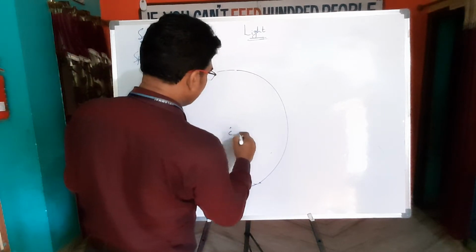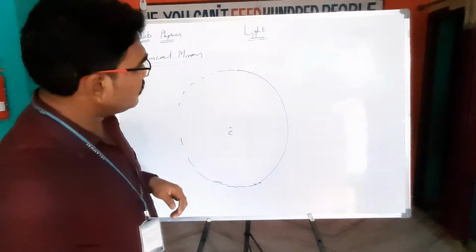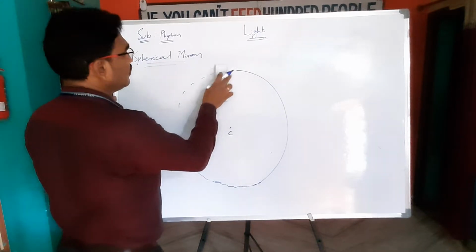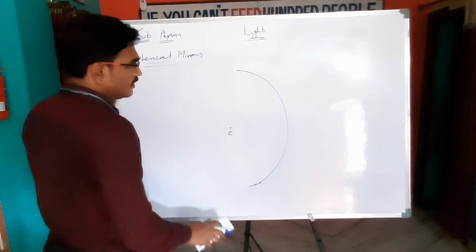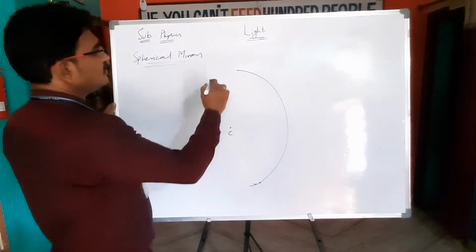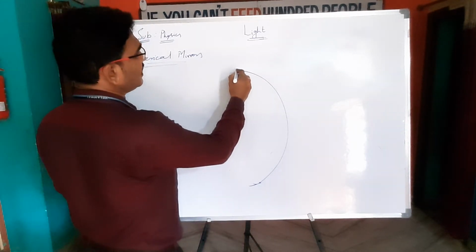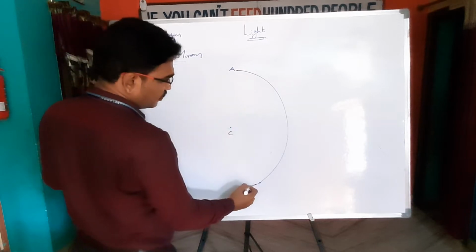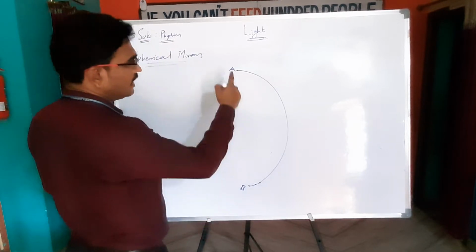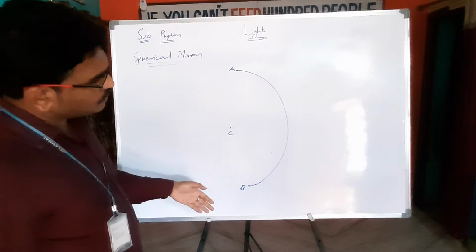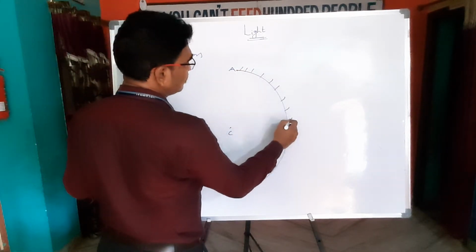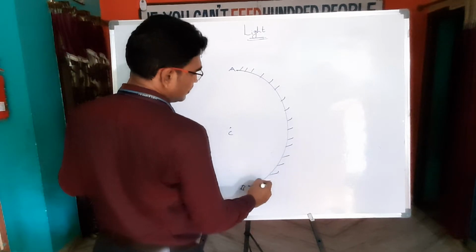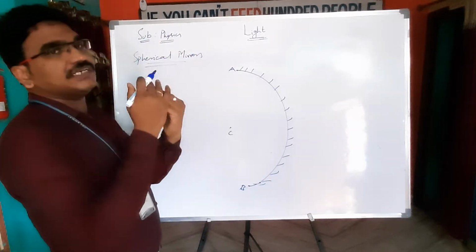Now it is having the center C. I have taken the part of a sphere and I am naming the two ends as A and B. A and B are the two ends of the spherical mirror, and of course here I have silvered this end. It means this side is silvered.